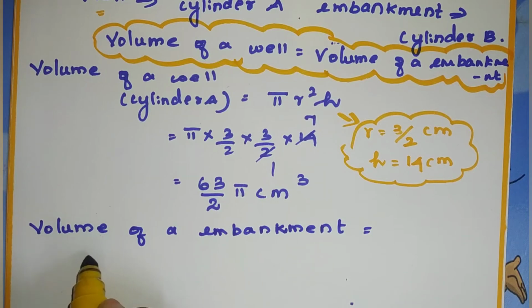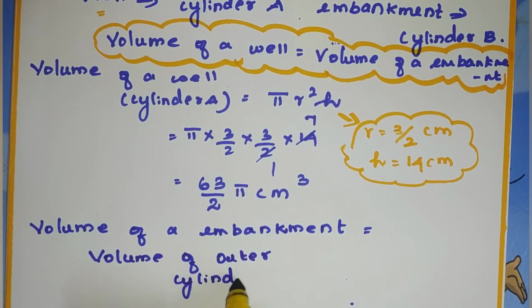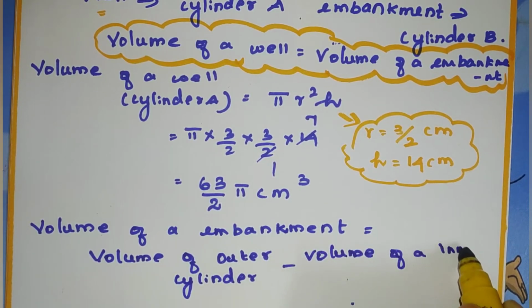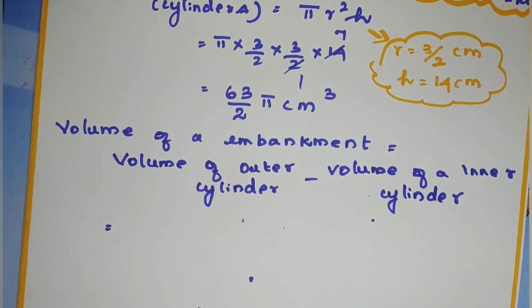So now write volume of outer cylinder minus volume of inner cylinder. Then only we will get the volume of an embankment. Okay, so write the formula first.